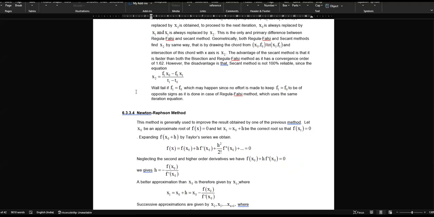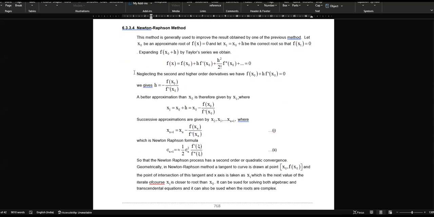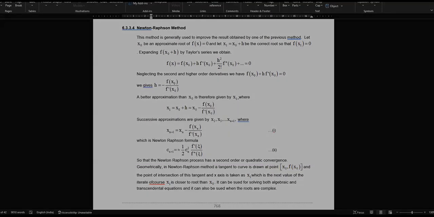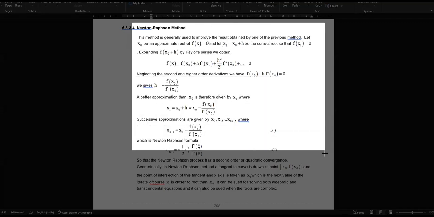Next is Newton-Raphson's method. For this, of course, it should be a differentiable function in essence. However, we use the Taylor series approximation.